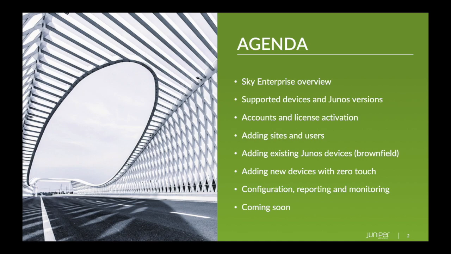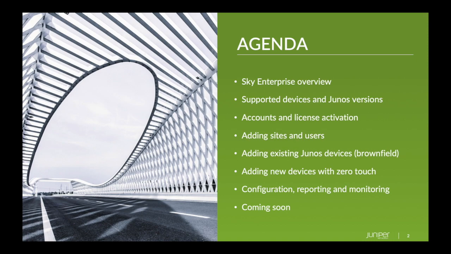So we'll start off with a quick overview and a quick demonstration, and then we'll talk about which devices are supported in Sky Enterprise, how you can go about getting an account, and then how you activate your account and then start using the product. So we'll look at basic things like adding sites and adding users.